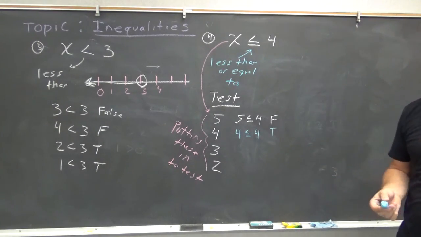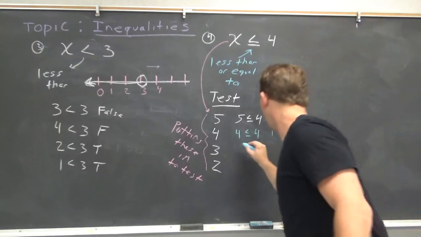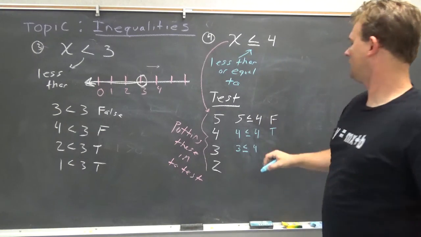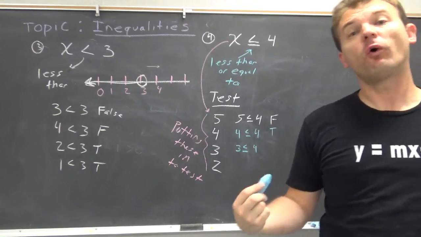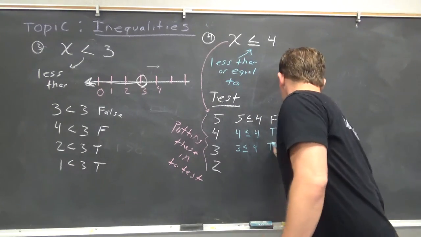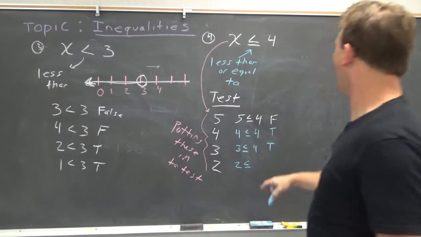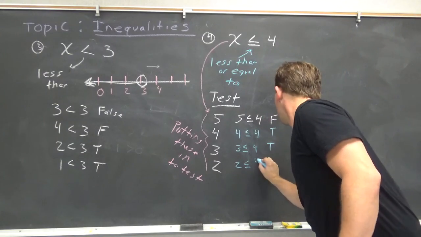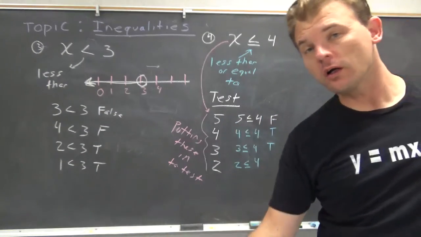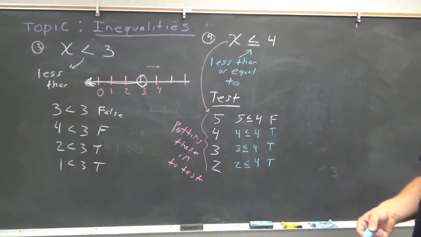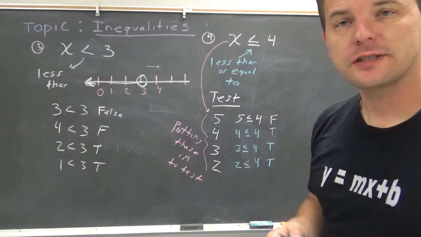So that one works. Is 3? Well, 3 is less than or equal to 4. Let's see, 3 is less than 4, so that's true. Is 2 less than or equal to 4? 2 is less than 4. Oops. So that's not true. So the ones in blue are all the true statements.